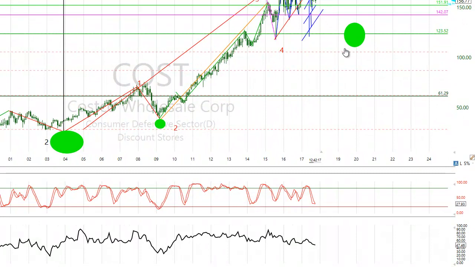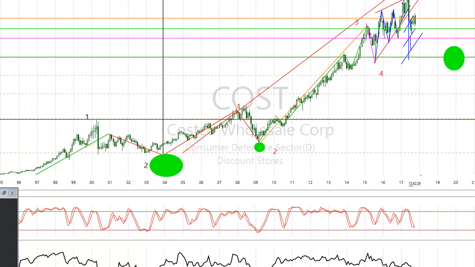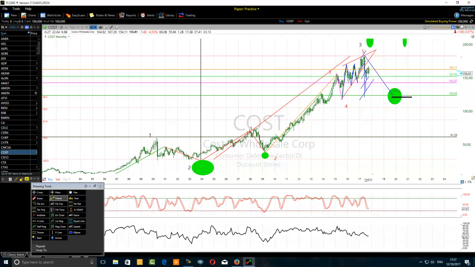So we will expect a shallow correction to the zone of $123.52 for this stock, Costco, in normal condition. Something like that. To the zone of $123.52 before the fifth wave of a higher degree will start. We will see. This is our expectation.